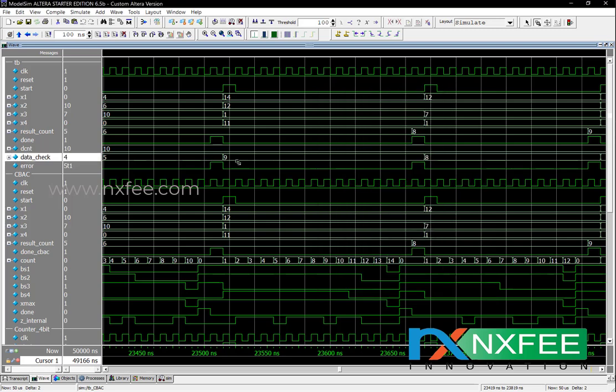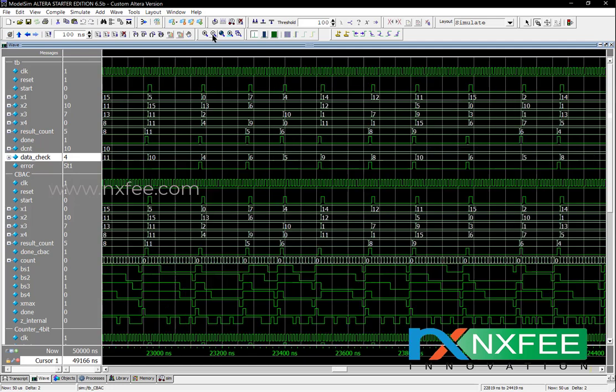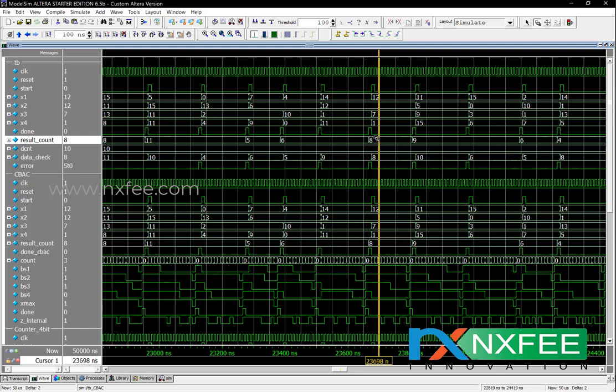Our data check output is 9 and the generated output is 8. As per this shifting process, the data will match approximately. So the real output is 9.5, it shows 9, and the output comes as 8.